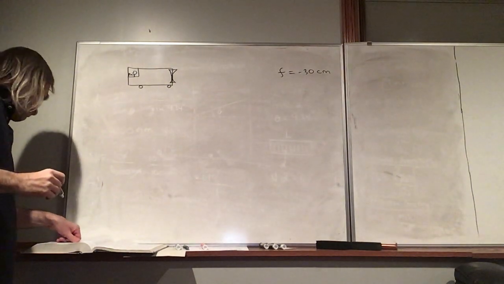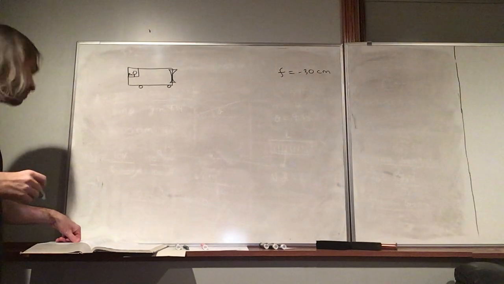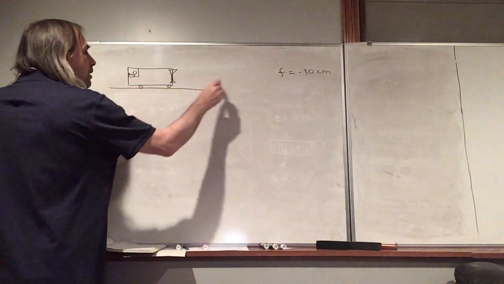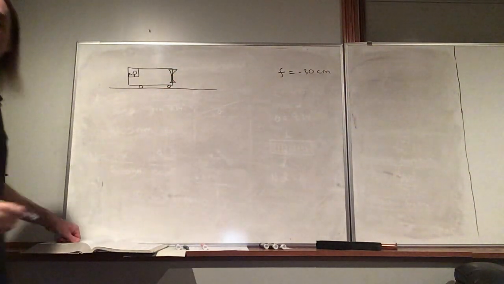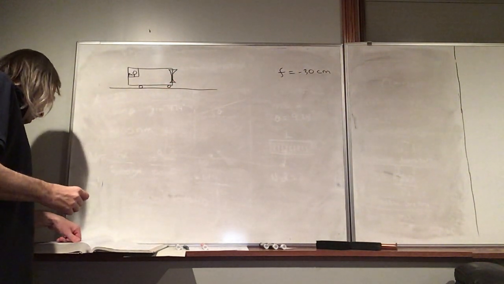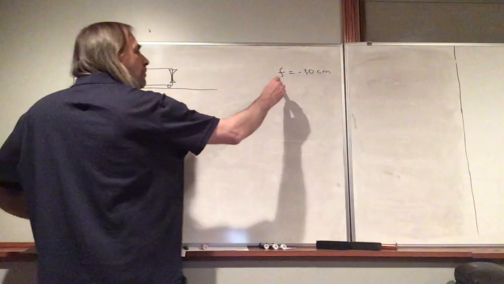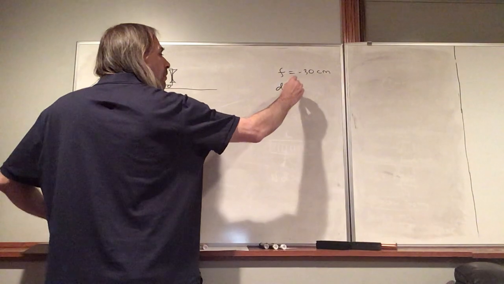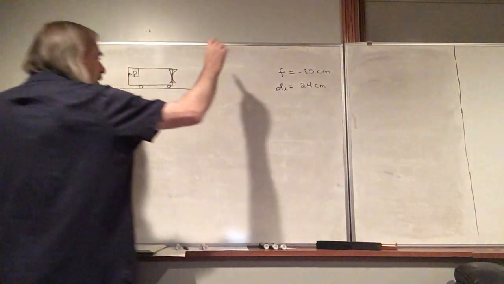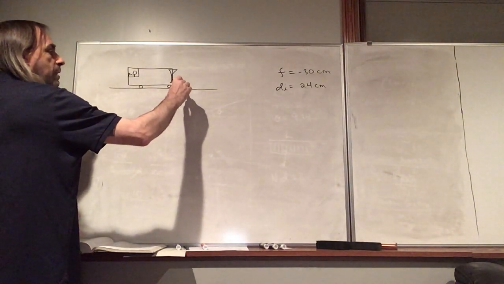When the owner looks out through the lens at a person standing directly behind, so there's someone standing behind the van, we don't know exactly where, the person appears to be 24 centimeters, so the image of the person is 24 centimeters.